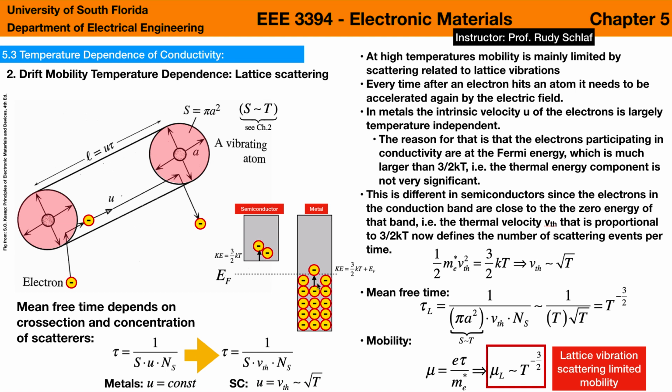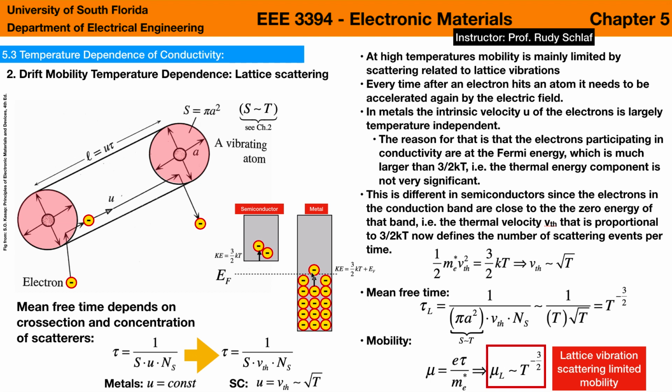Well, the reason for that is that the electrons that participate in conductivity are close to the Fermi energy, and the Fermi energy is already a pretty sizable chunk of energy relative to the ground state of the electrons at the bottom of the bands. And that means that additional energy that comes from temperature changes is pretty insignificant in comparison to the total energy that the electrons already have.